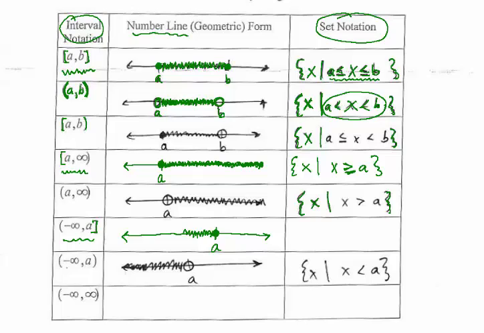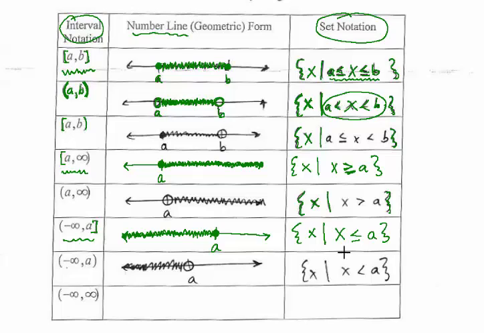We shade from A to the left all the way out to the end of the number line that we've drawn to indicate that this interval continues to negative infinity. Alright, so we're finished with the number line, and now we draw our set notation. Bracket X, vertical bar, and X is less than or equal to A.